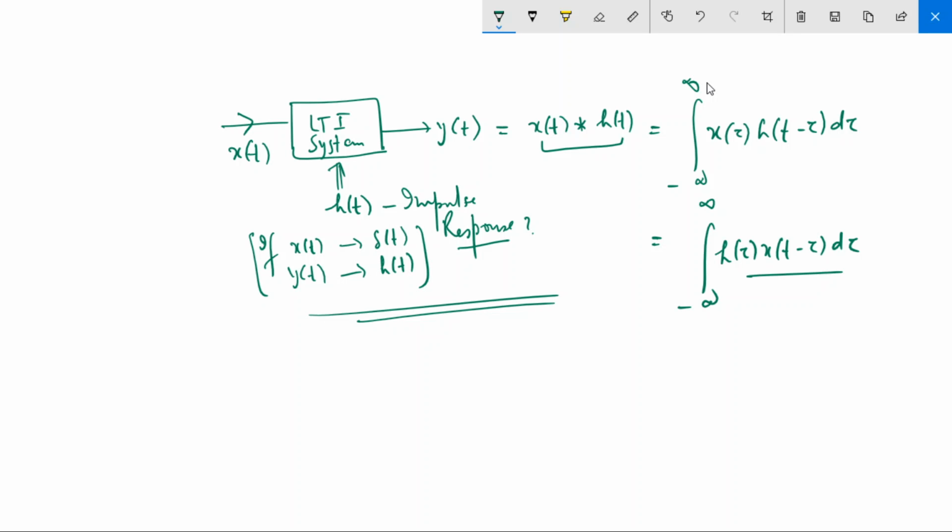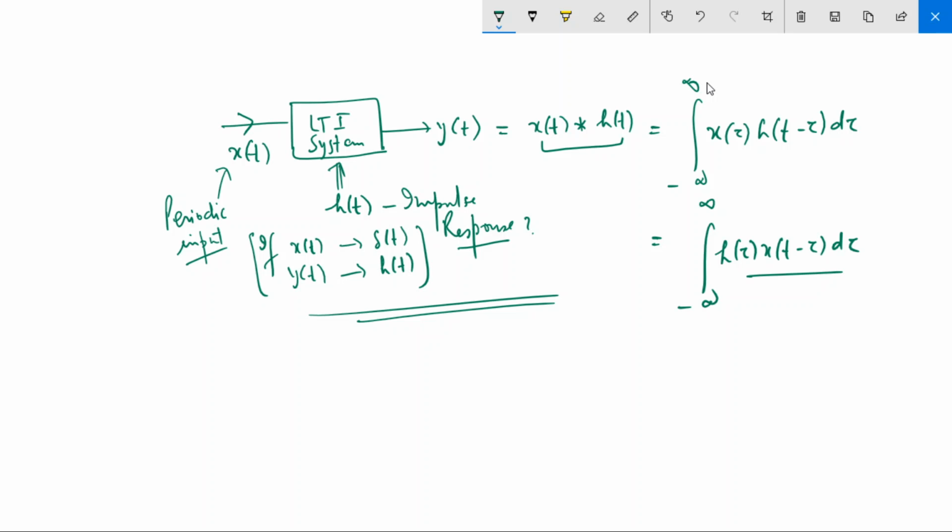We use the convolution integral to find the response. Now if I apply a periodic input here, you can compute the output of the system using the convolution integral, of course. But if you want to see how this system responds to the various frequencies being passed through the system, you cannot get that information from the time domain, because in time you are unable to see the frequency information.